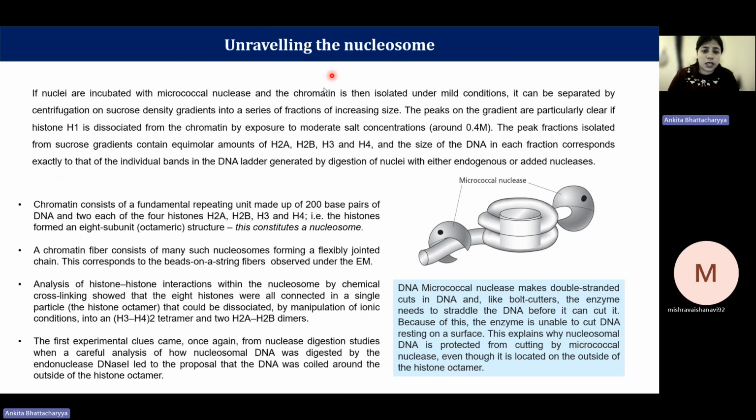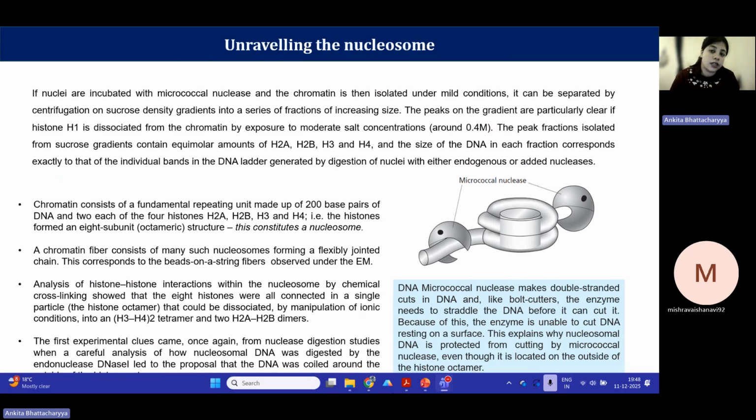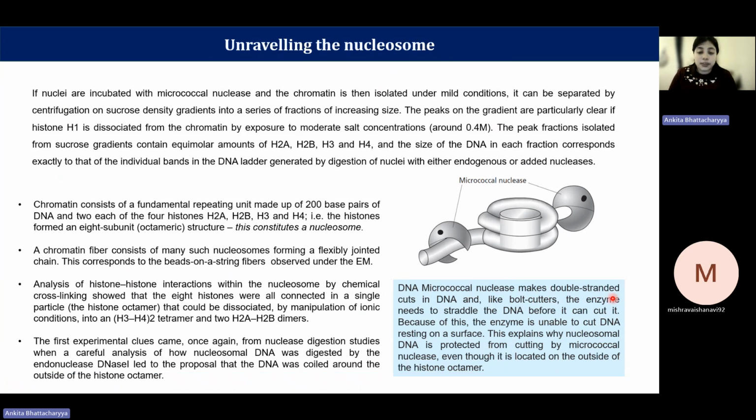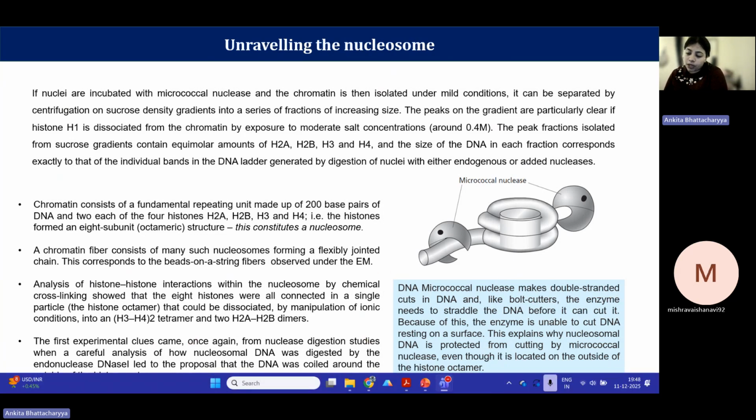So this was also understood by certain studies, and the study that I'm referring to here is the way in which the enzyme DNase 1 digests. We'll come to it later, but the enzyme which you use also makes a difference in the way in which DNA gets digested, because of the mechanism that is opted for by the enzyme to do this digestion step.